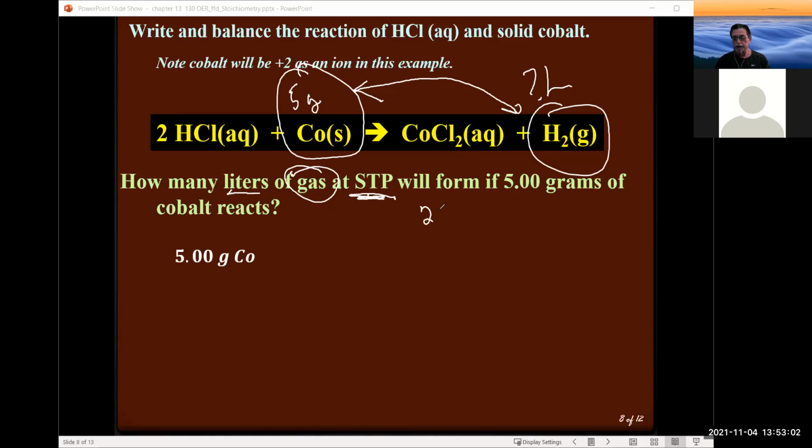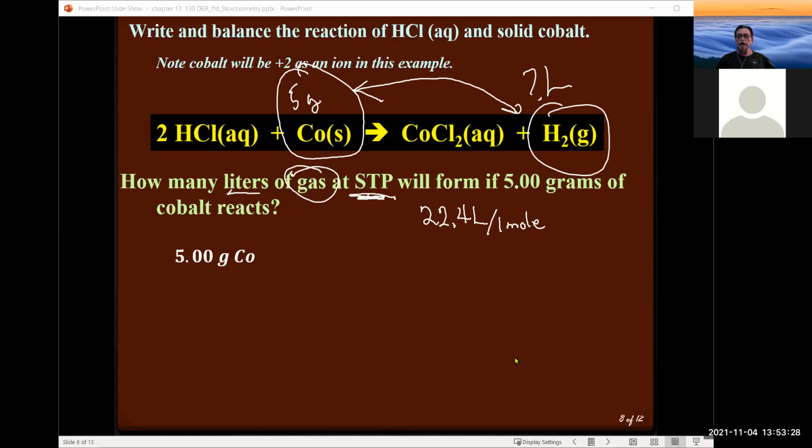That should indicate to you that I may not need it, but I have available to me 22.4 liters per 1 mole. Okay, because I'm at STP. But guess what? I might need it. All right, so write down what you're given, 5.00 grams of cobalt.